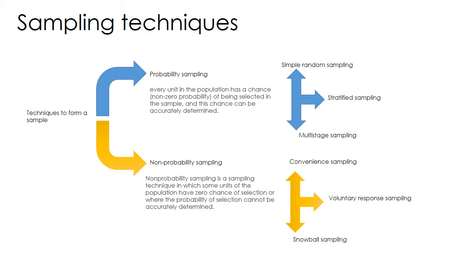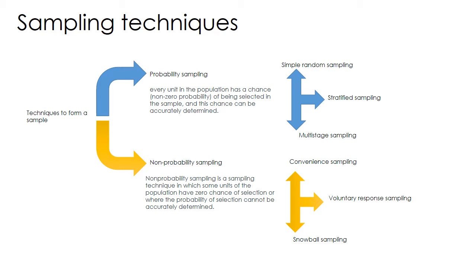So sampling techniques: we can consider there are two different ways of collecting samples. Once you have your defined population and your list of accessible participants, now you need to identify how you're going to get the sample. There are two main techniques.